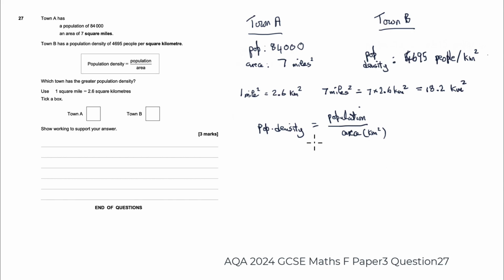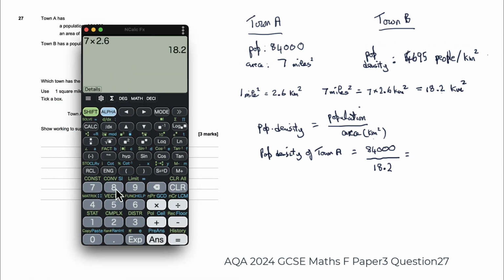So I think we're all set to work out the population density using this formula of town A, because we know its total population, that's 84,000, and we now know its area in square kilometres, it's 18.2. So there's our next calculation.